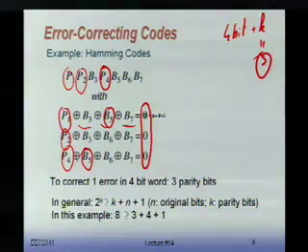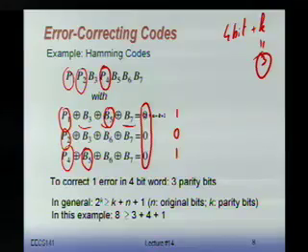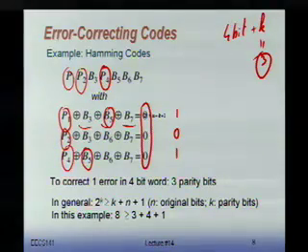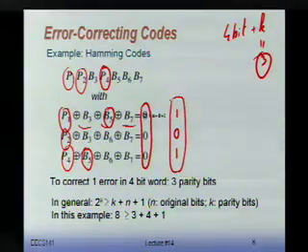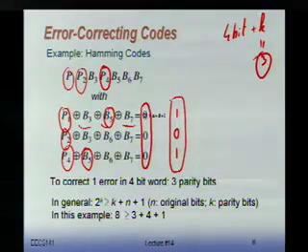If we flip B5 and do the XORs, we find this particular code. This parity check stays 0, this goes to 1, this goes to 1. Now look at what I got here. This is the number 5. It says bit 5 is wrong. So you know exactly the bit position out of that process.